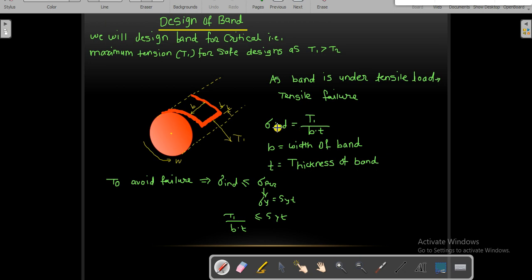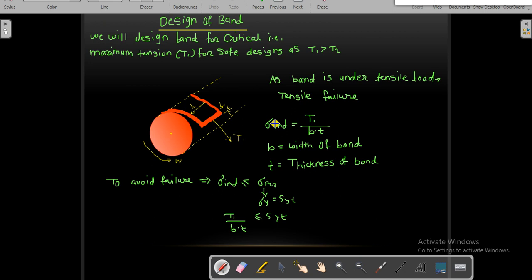From this figure you can see b is the width of the band, and t is the thickness of the band. So the cross-sectional area will be b into t, and the force on it will be T1, the tension force. So the normal induced stress will be force upon area, that is T1 by bt.